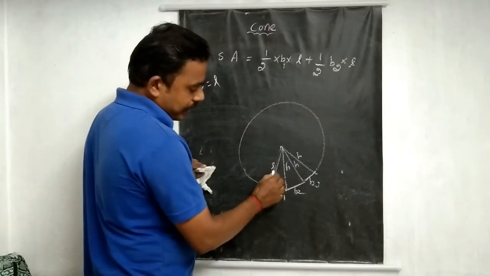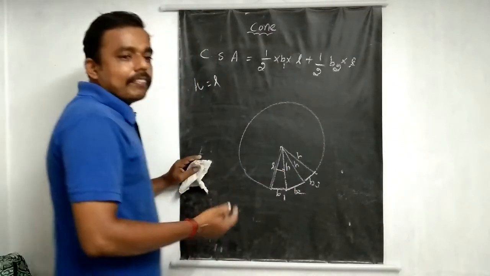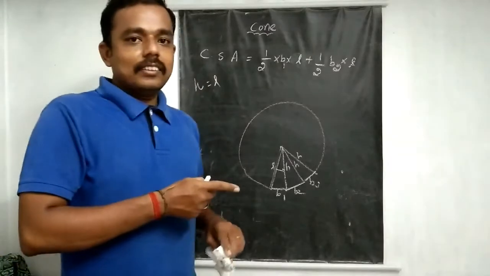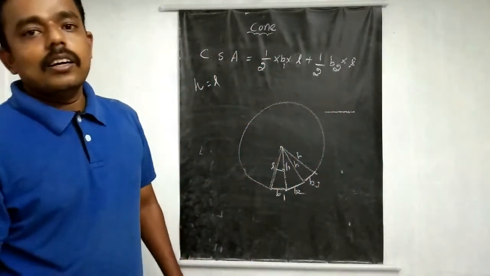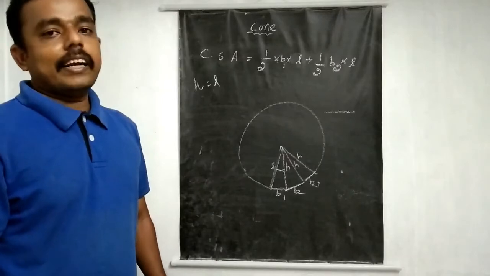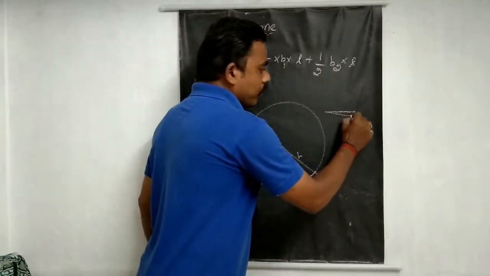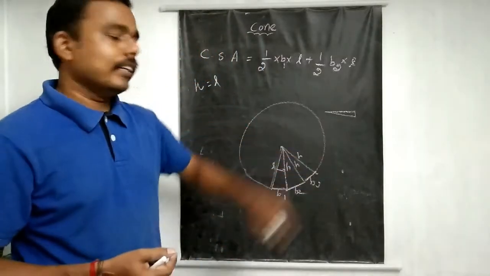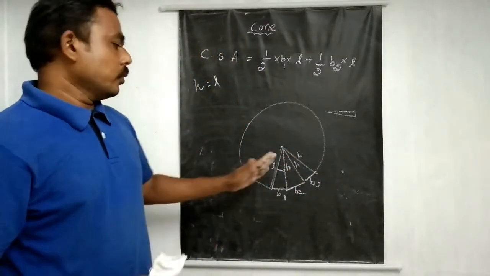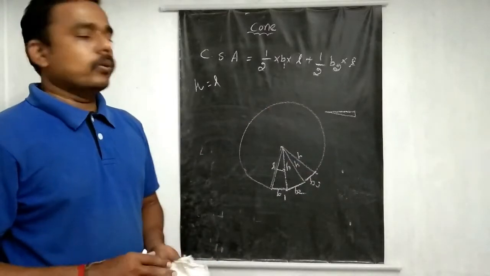What happened? Definitely going to touch the height. Anyway, we can consider it's a line. This is also a slant height. Look like a line, but after increasing the space, we may think that it's a triangle. So using the triangle only, we are going to find the curved surface area of the cone.